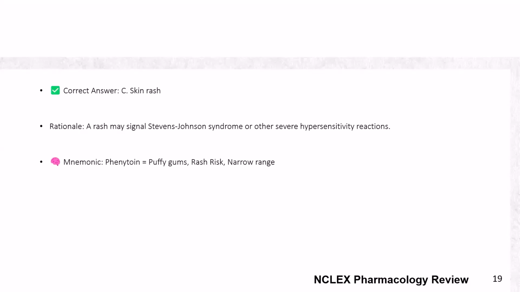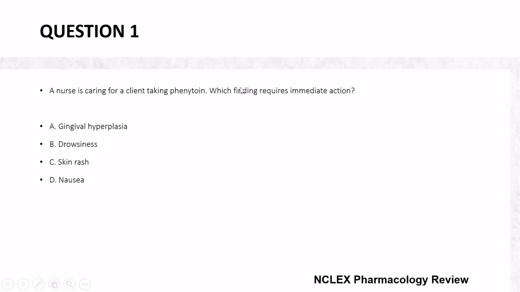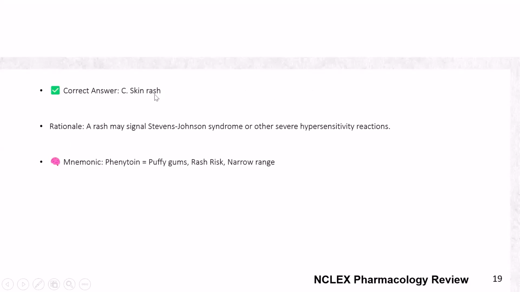So the answer is skin rash. Look at what the question is asking: which finding requires immediate action? You may have some of the side effects here pointing to phenytoin use, but which will require immediate action? The answer is C, skin rash. Remember that this rash may signal Stevens-Johnson syndrome or another severe hypersensitivity reaction. Yes, phenytoin can cause gingival hyperplasia, and it can cause rash.